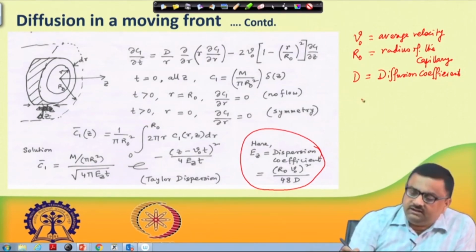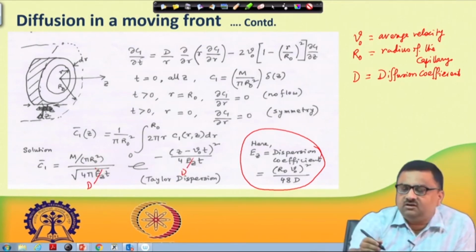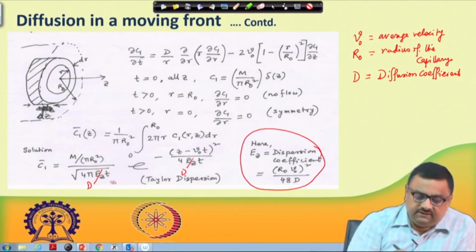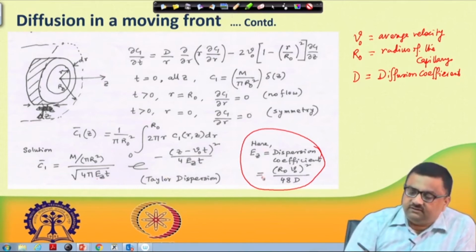Earlier this term was D. Now which we are calling it, no, it is not D, it is Ez. So whatever effect the D had, the same effect now this Ez is putting. So what was the effect of D?